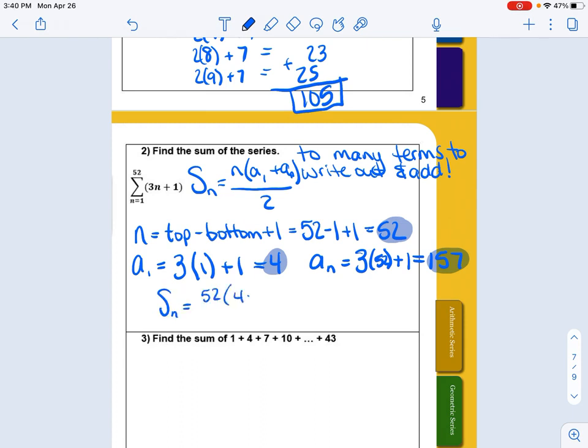So n is 52, a sub 1 is 4, a sub n is 157. We add within our parentheses to start. Then we divide by 2.